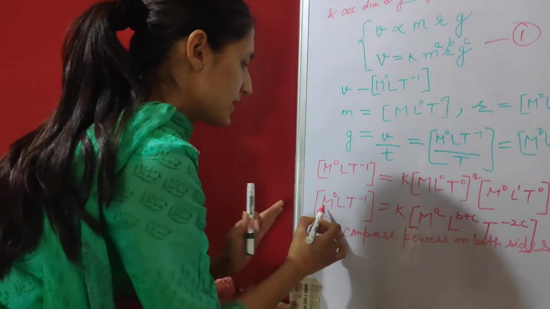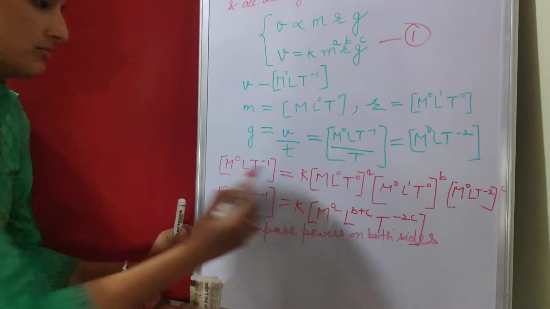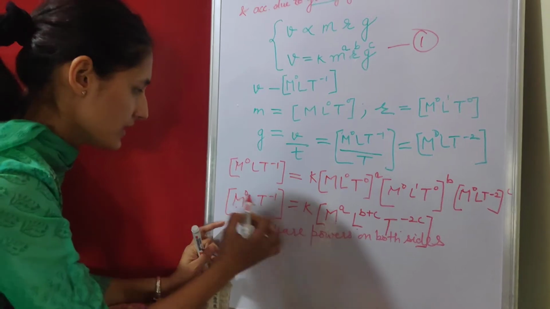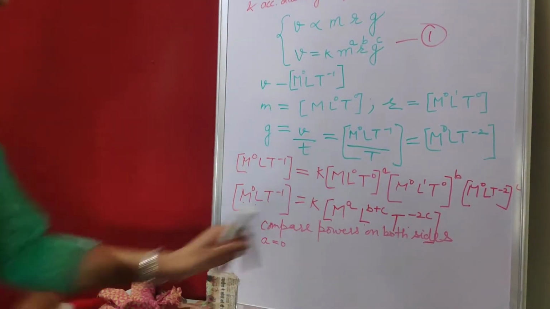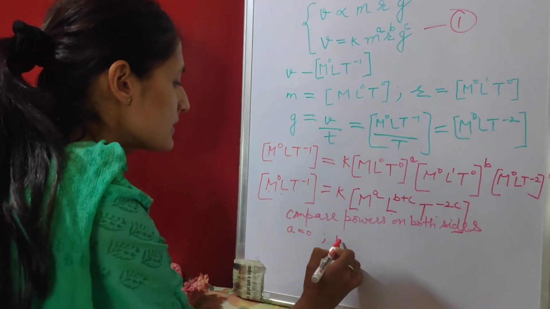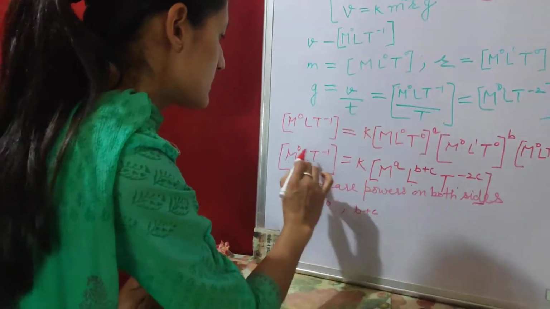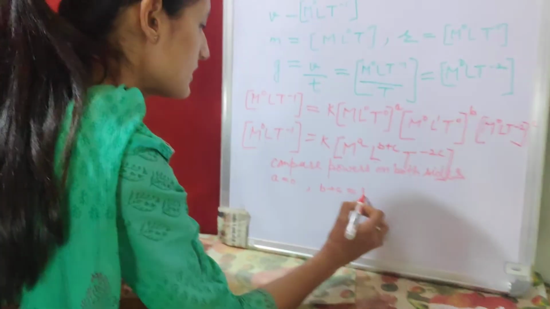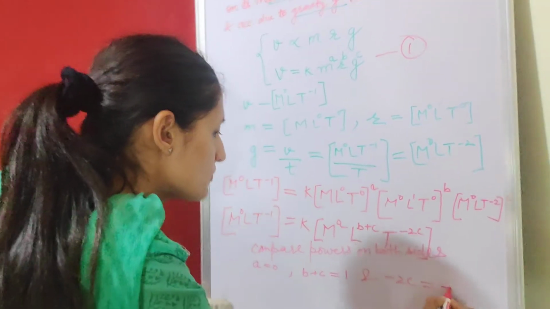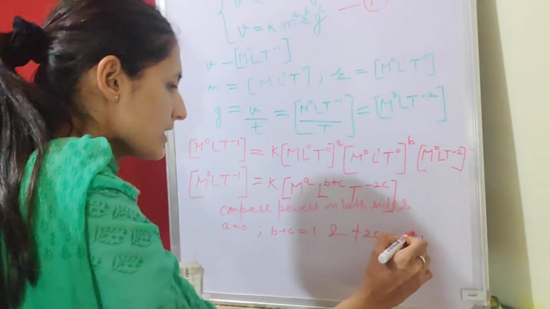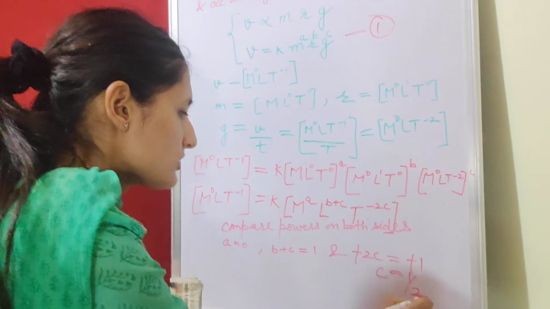So mass will be compared with mass, length with length, time with time. Mass has power a here, and here it has 0. So a is equal to 0. And b plus c, the power of length, is b plus c, and here it is 1. And minus 2c is equal to minus 1. So minus and minus cancel. c is equal to 1 by 2.